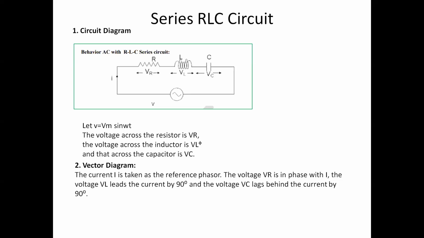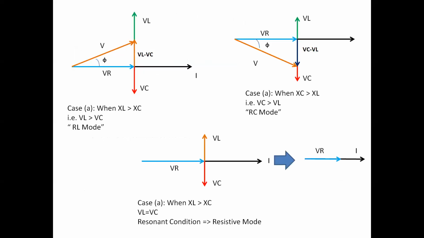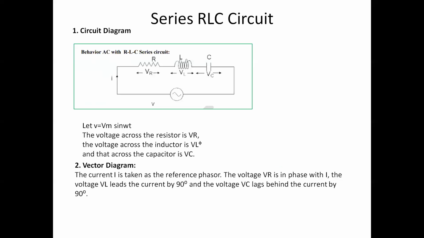Whereas for an inductive element, VL leads I by an angle of 90 degrees. And for a capacitive element, I leads VC by an angle of 90 degrees. So if we know this information, we can easily draw the vector diagram.